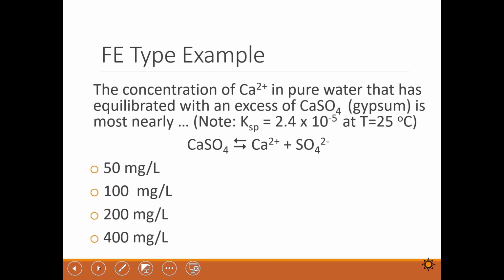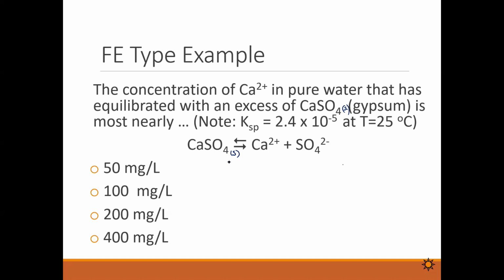So, the concentration of calcium in pure water that is equilibrated with excess calcium sulfate, and this is a solid known as gypsum, is most nearly, and I'm just going to add the S for solid, and we'll let you try that one.